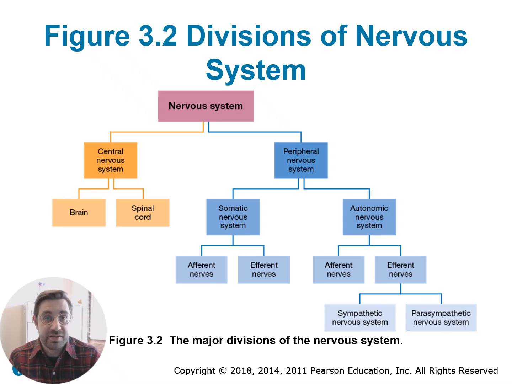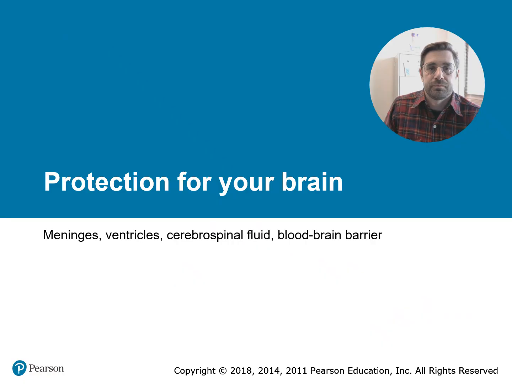Differentiate between afferent and efferent nerves, right? Being accepted and exiting the central nervous system. And then be able to differentiate sympathetic and parasympathetic nervous systems, activating and conserving. So that's your general overview of the nervous system as a whole.